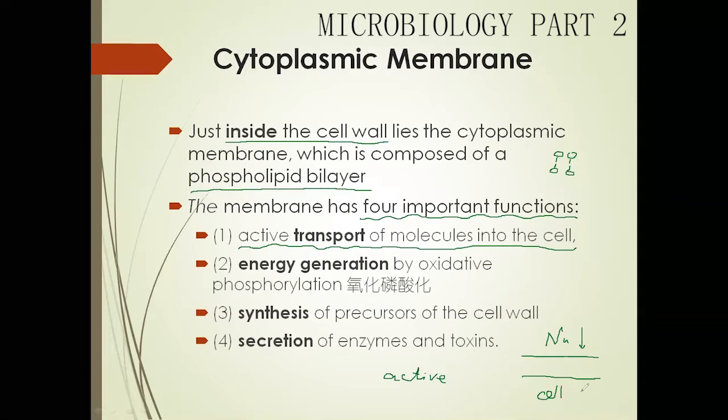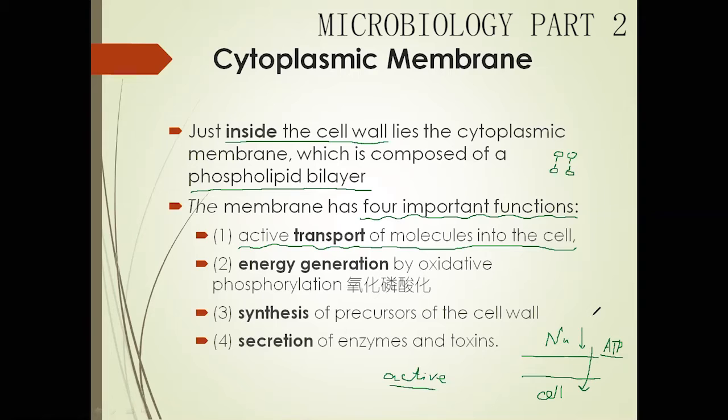We need more nutrition, even if we have a lot of nutrition in there, we still need more. So active transport means use energy, use ATP. ATP is the form living things can use directly, and we use ATP to transport nutrition from outside of the cell membrane to inside the cell membrane. So that happens in human being cells.